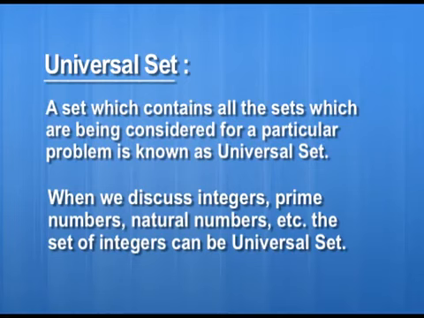Suppose we are considering set of integers, set of prime numbers, set of natural numbers, then set of real numbers can be considered as a universal set, or set of integers can be considered as a universal set. Only thing, universal set is the set which is the superset for all those sets which are being considered for that particular problem.